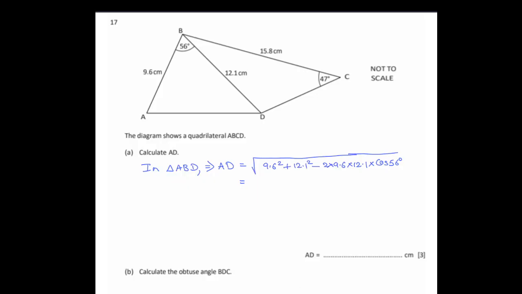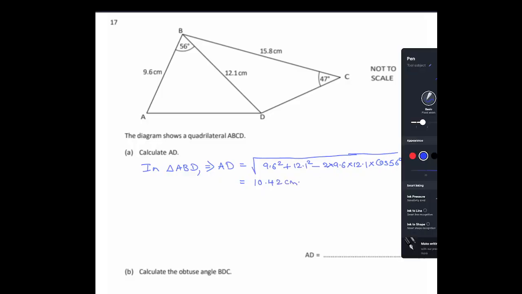Square root of 9.6 squared plus 12.1 squared minus 2 into 9.6 into 12.1 into cos 56, 10.42329. So just take 10.4, final answer, 10.42 centimeters. So here it will be 10.4.